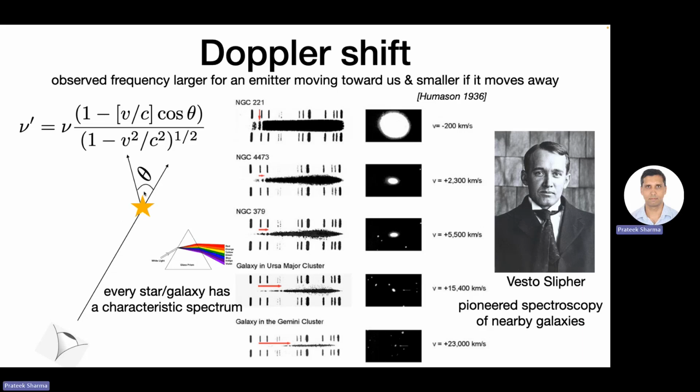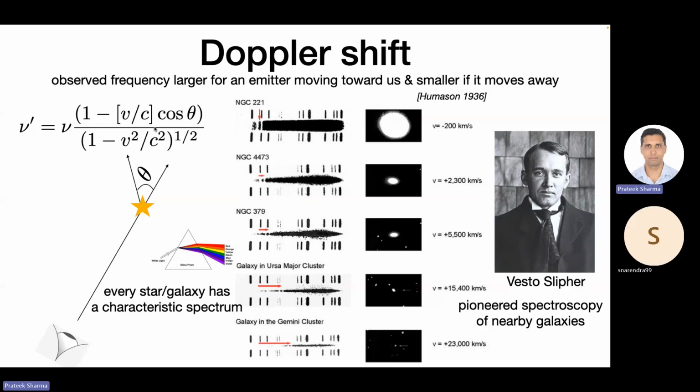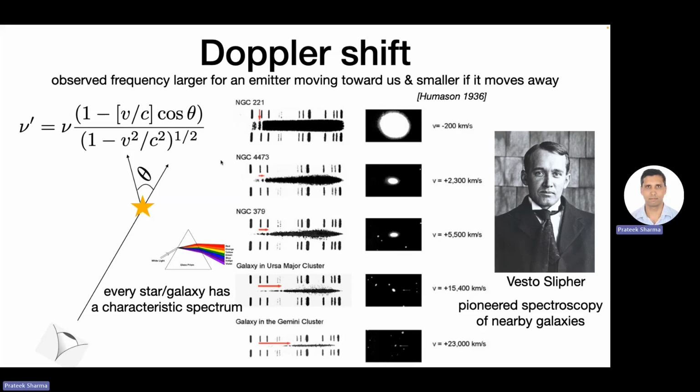Okay. Now, how can we use Doppler shift for learning about the velocity of galaxies? What you need is some features in the spectrum of a galaxy. You want to look at whether there are some universal features in the spectra of galaxies.